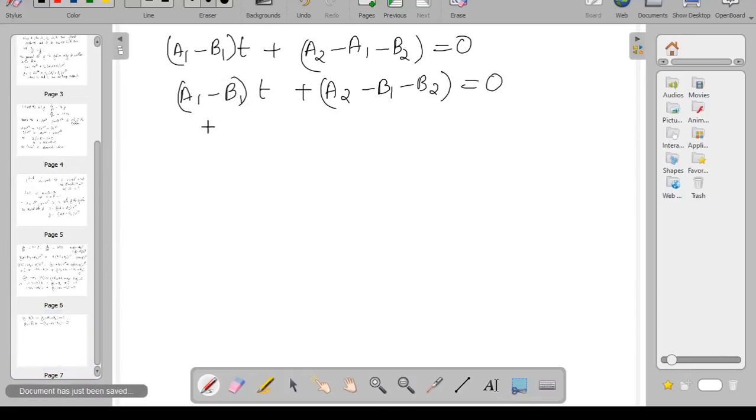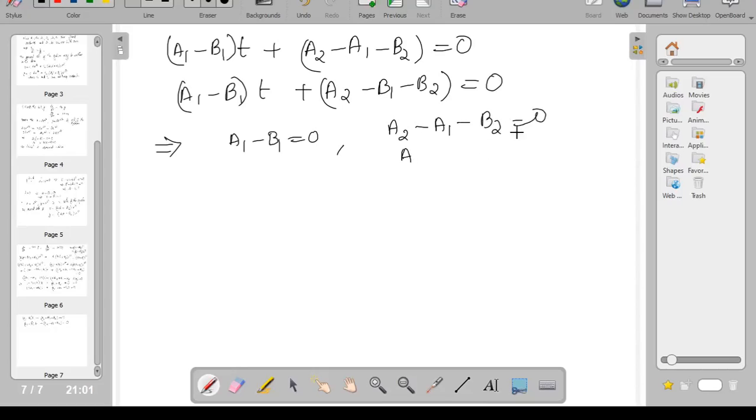From these equations we will get a1 minus b1 equal to 0, and a2 minus a1 minus b2 equal to 0, and a2 minus b1 minus b2 equal to 0.